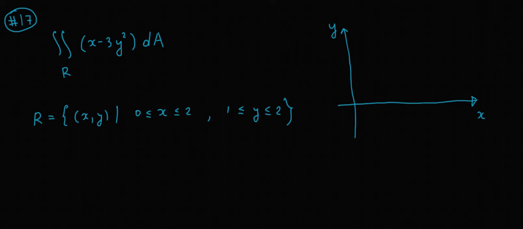And so x is ranging from 0 to 2, let's say 1 and 2 here, and then y is ranging from 1 to 2. Okay, so what we get is the following rectangle as our region of integration.